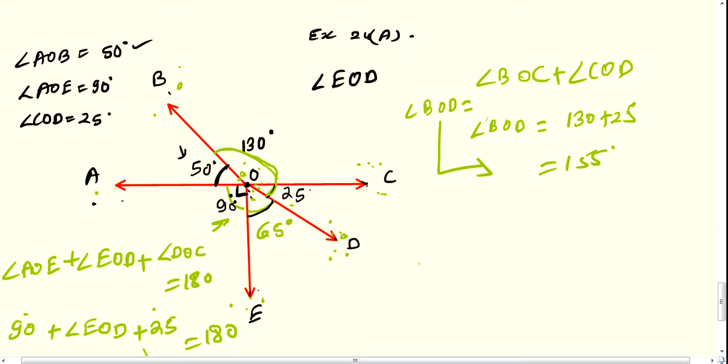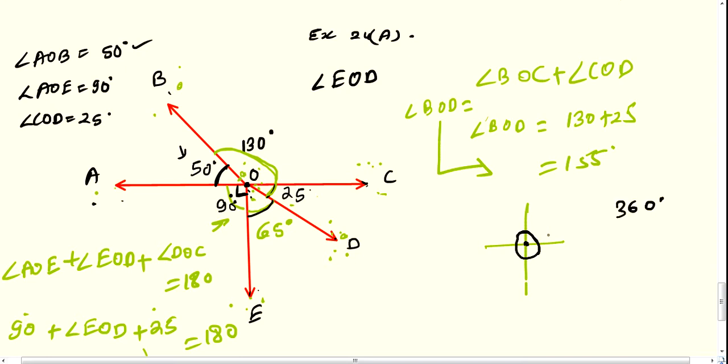Next is reflex angle BOD. Now I want to explain to you about reflex angle. Suppose you have two lines here that are intersecting each other, and this is your point. As you know, in the last video I taught you that angle about a point equals 360 degree.